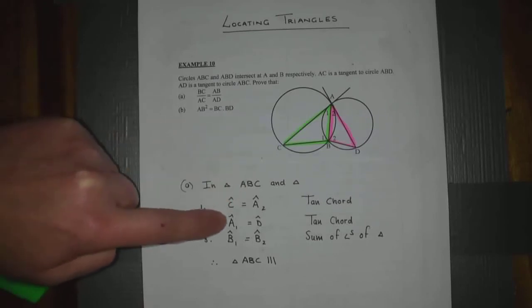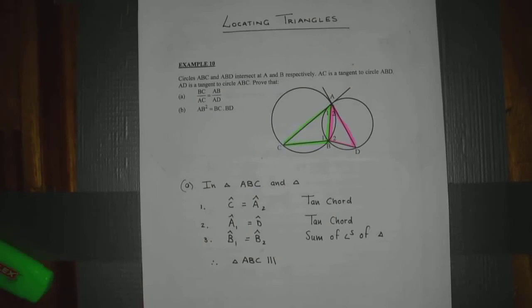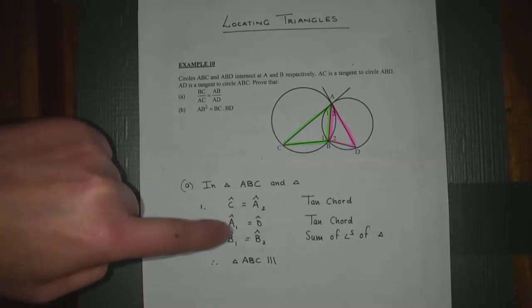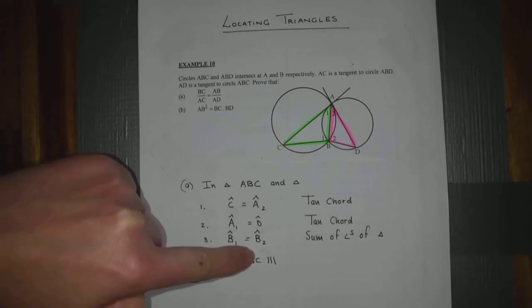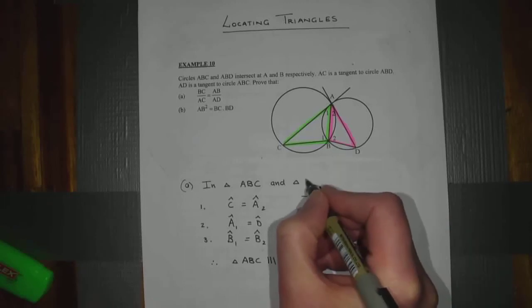So I can see A, B, C, D, B, A, because I've got all of the angles of the one triangle on the left-hand side, all of the angles of the other triangle on the right-hand side. So the moment I know the order here, A, B, C, I know the order there, D, B, A. And then I can just complete it over here as well.